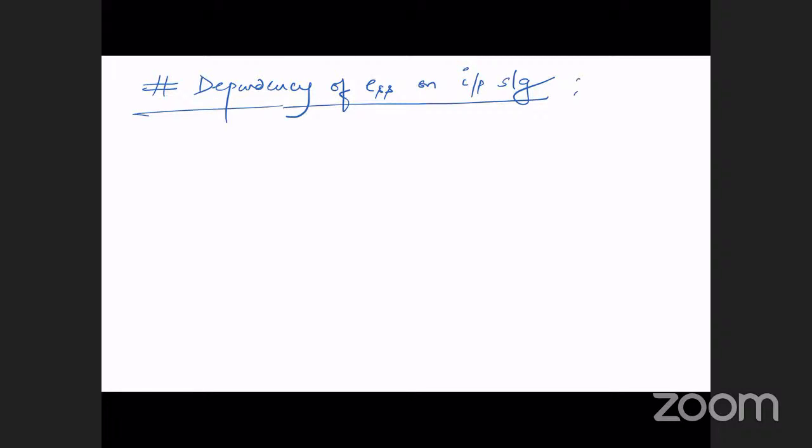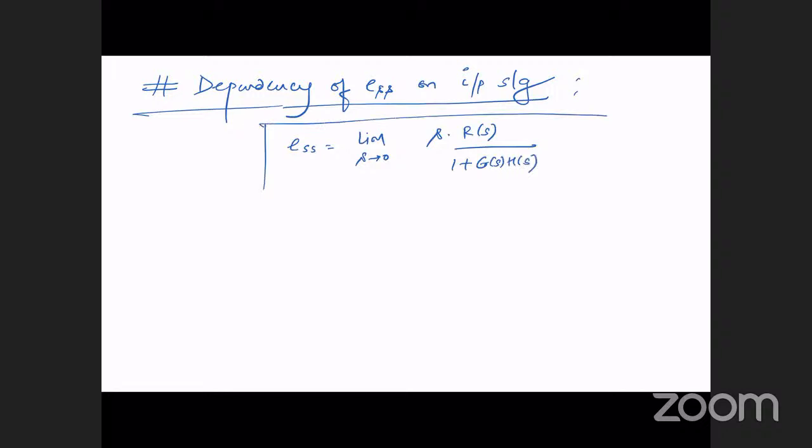So we are going to see the dependency of ESS on the input signal, guys. Here I'm going to tell you the formula again, where ESS was limit S tends to 0, S into R of S upon 1 plus G of S, H of S. This is the formula that we have derived.